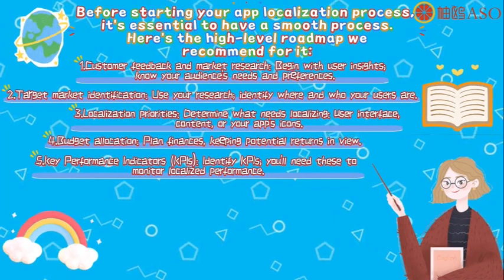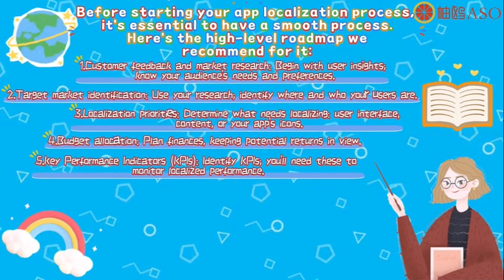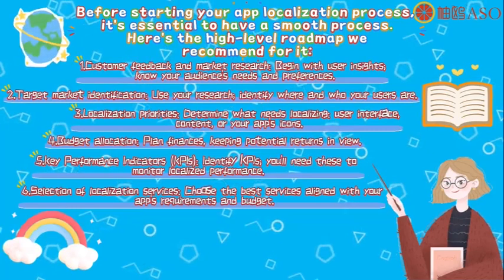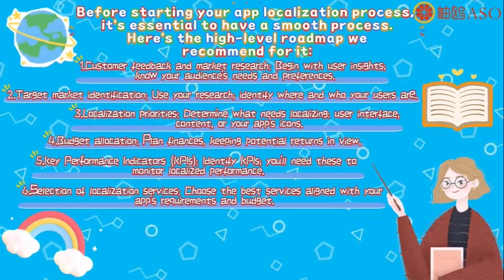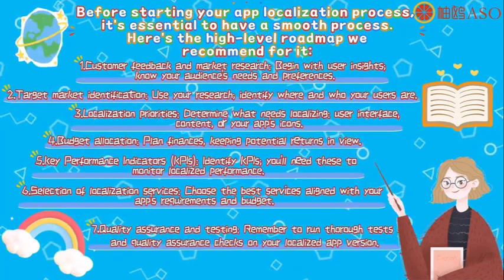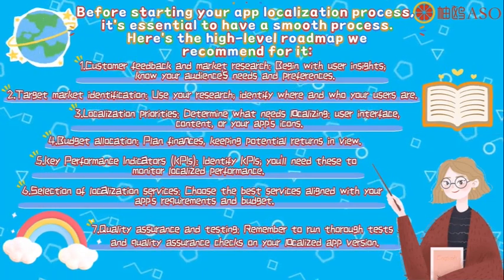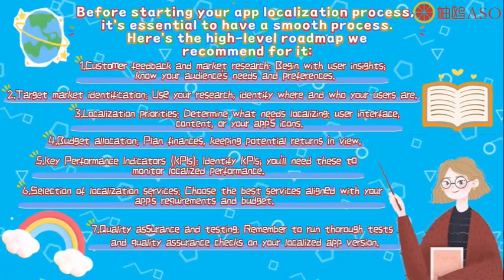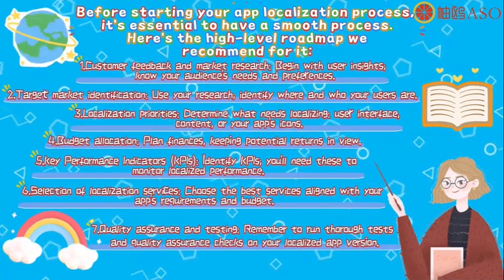You need this to monitor localized performance. 6. Selection of localization services. Choose the best services aligned with your app's requirements and budget. 7. Quality assurance and testing. Remember to run thorough tests and quality assurance checks on your localized app version.